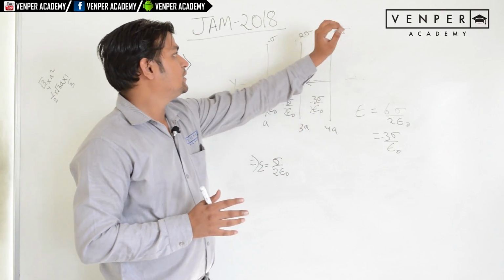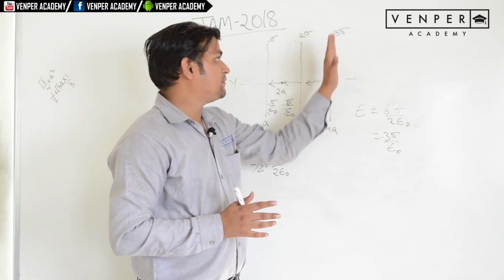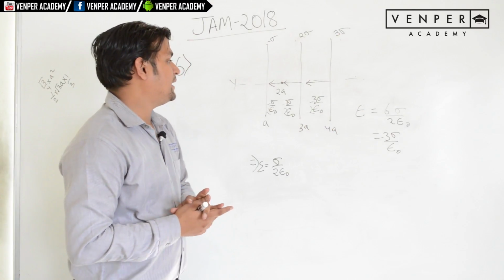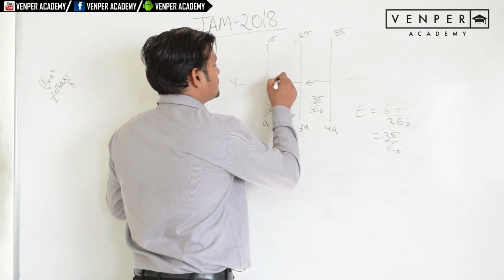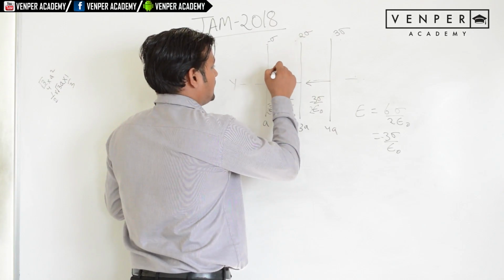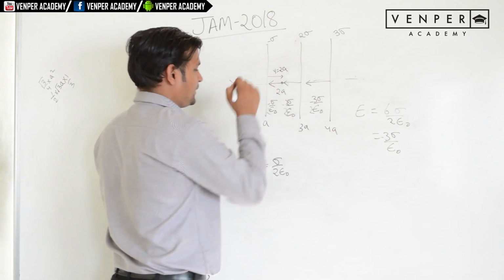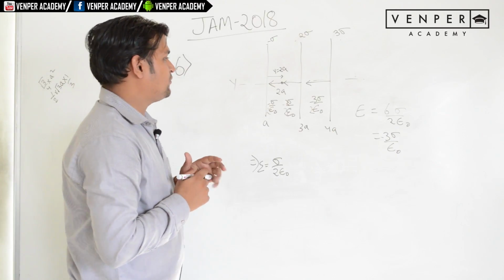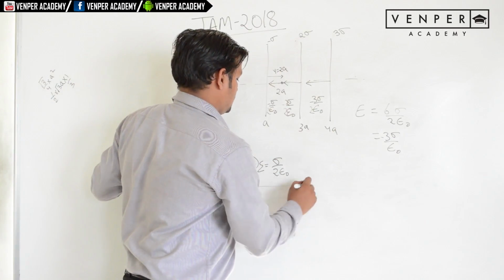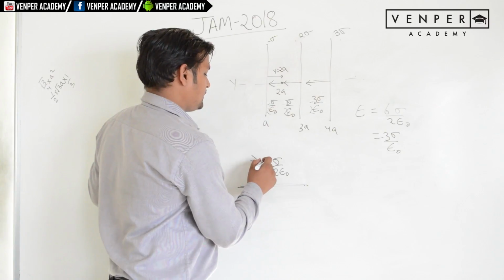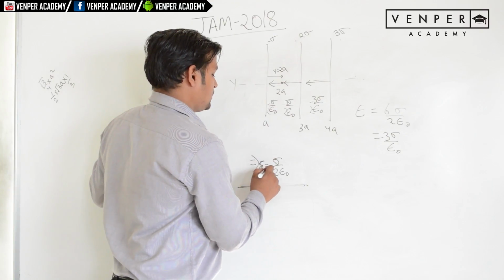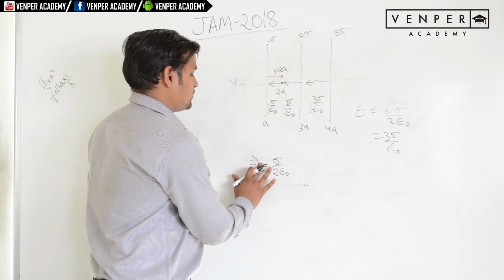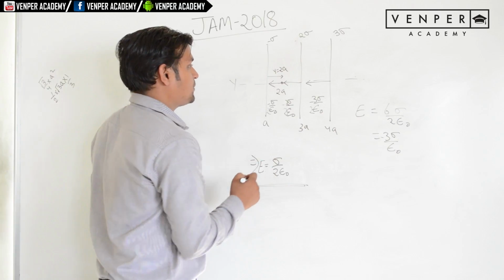The third is at y equal to 4a with charge density 3 sigma, and they are asking for the electric field at y equal to 2a. We know that due to an infinite charged sheet, the electric field is sigma upon 2 epsilon naught.